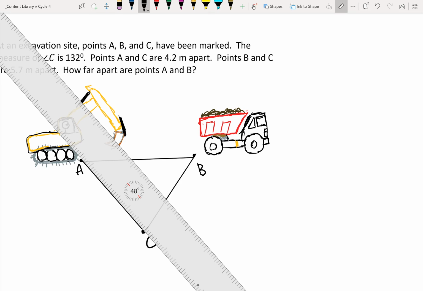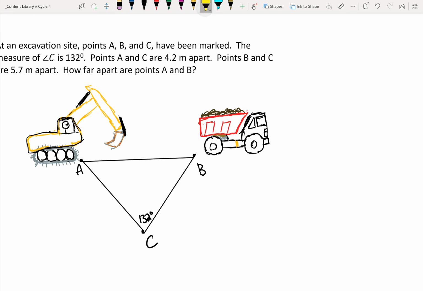So I have A, B, and C. We know that angle C is 132 degrees, and that was mentioned to us. Points A and C are 4.2 meters apart. B and C are 5.7. And we don't know what this distance is.